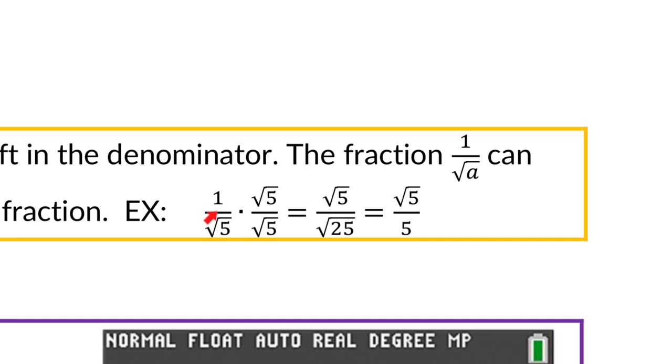If I'm rationalizing 1 over square root 5, multiplying by square root 5 over square root 5 gives me 1 times square root of 5, which is square root of 5. And square root of 5 times square root of 5, which is square root of 25, which is 5. This is the same number as this in rationalized denominator form. In other words, take this radical, move it to the top, rewrite the number with no radical.